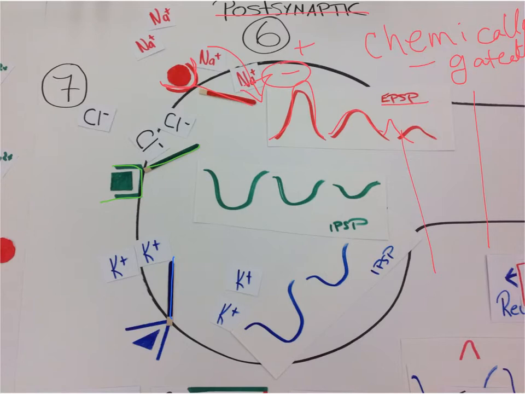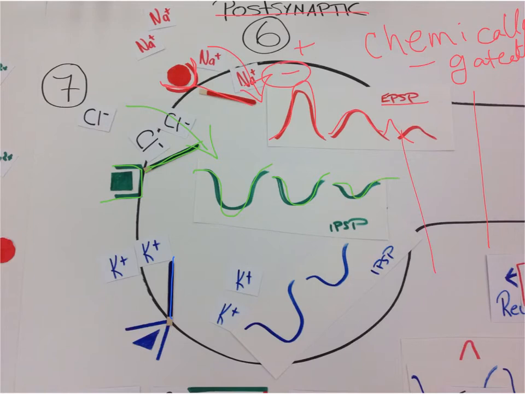If the neurotransmitter bound to a receptor that was linked to a chemically gated chloride channel, chloride is going to move into the cell, in which case it will make the inside of the cell more negative, hyperpolarize the cell, and this IPSP again will travel towards the axon hillock.